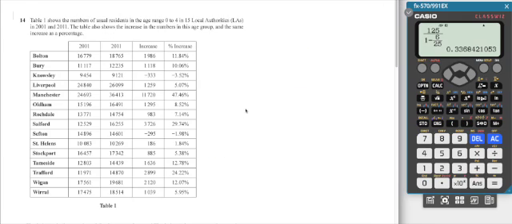Question 14. Large data set. The table shows the number of usual residents in the age range 0 to 4 in the local authorities, in 15 of them, in 2001 and 2011. The table also shows the increase in the numbers in the age group and the same increase as a percentage.